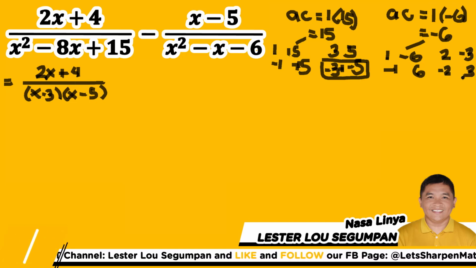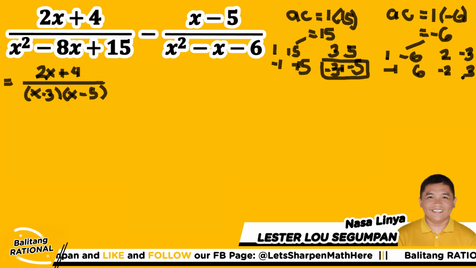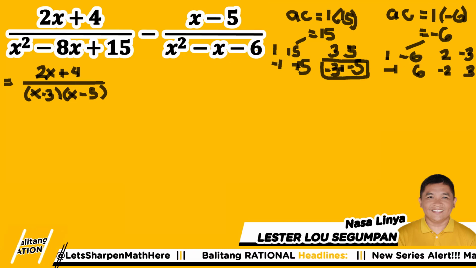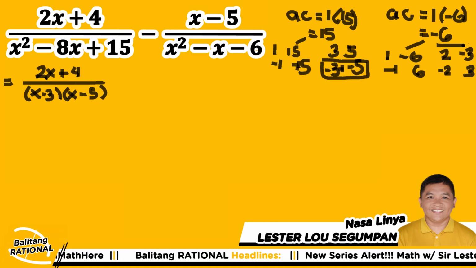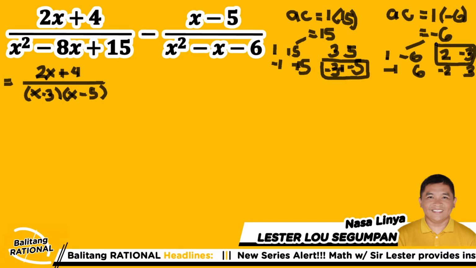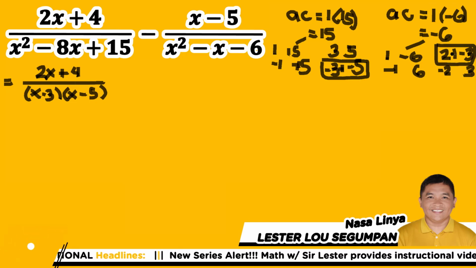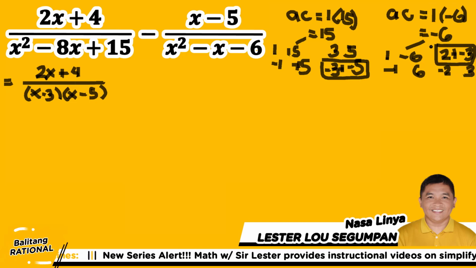Now, we have 4 pairs of factors. Pero, isa lang po dito yung pwede. Kasi nga, when we add all of these pairs, we could get negative 1 as the coefficient po ng pangalawang term natin when we use these coefficients. 2 plus negative 3 is negative 1, and when you multiply them, makukuha natin yung AC.